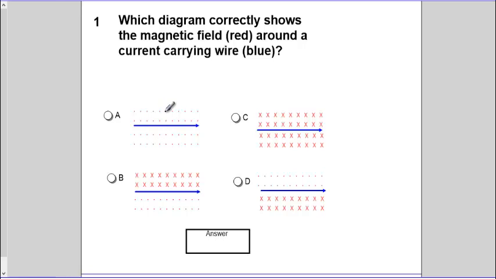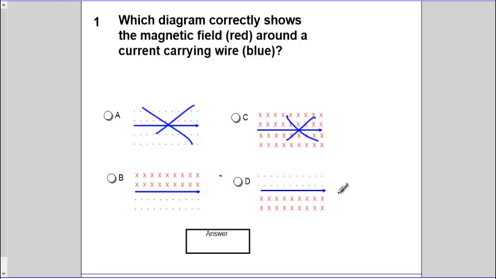If this is out, then this one has to be in. Or if this is in, this one has to be out. So these are impossible answers, because again, the magnetic field will have to make closed loops, so you'll have to have either X's or dots on one side or the other, the top or the bottom.